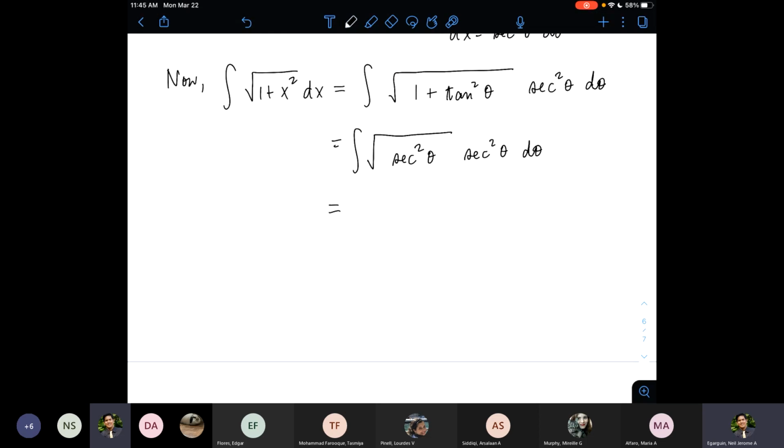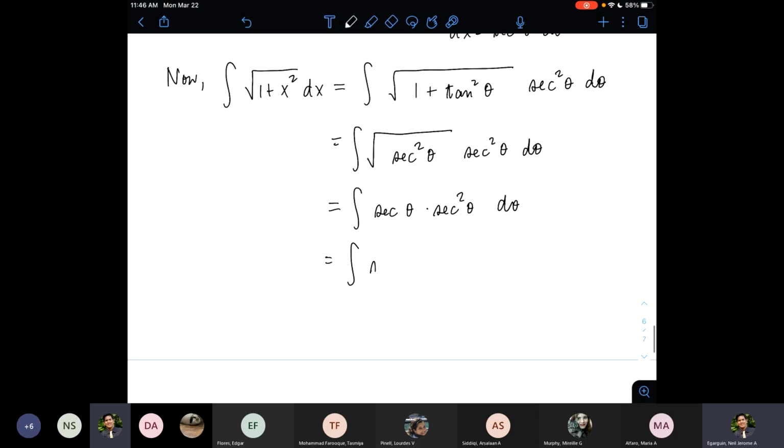This is actually the reason why we're doing trig sub: trigonometric substitution can turn the radicand that is not a perfect square into a perfect square, and being a perfect square, we can get rid of the radical, which was really the pain in this problem. So the square root of secant squared, assuming theta is in the right quadrant, we can write as secant theta times secant squared theta d theta. And then here we'll have secant cubed theta.